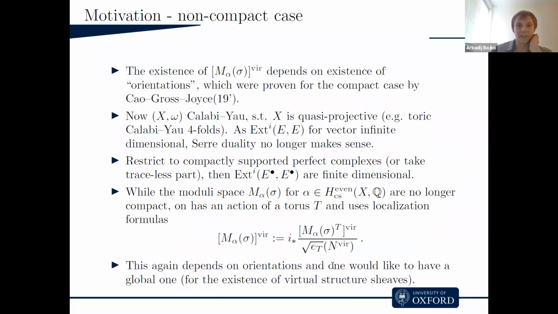So the point is that the existence of this virtual fundamental class is very much dependent on the existence of orientations and also on their choices up to a plus or minus sign.